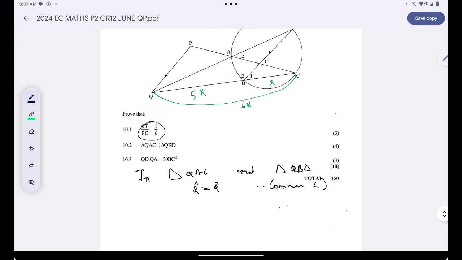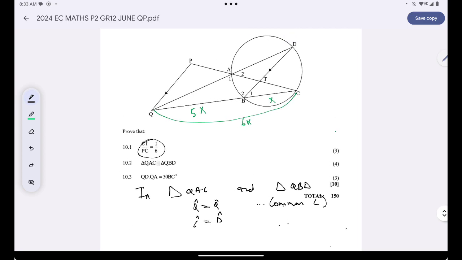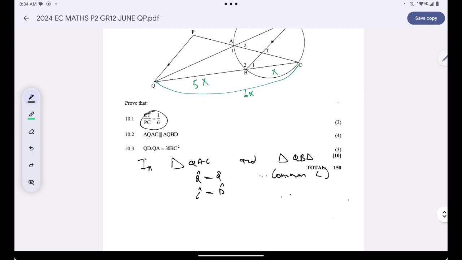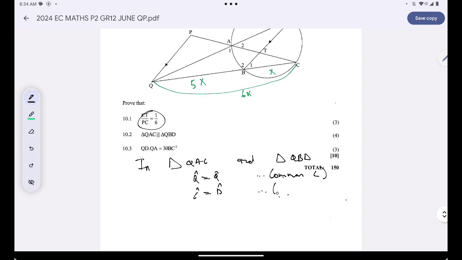Okay, and then angle C will be equal to angle D. Why? Because they are in the same segment, they come from the same arc AB, right? Those two angles are angles in the same segment, right? Okay, so simply write angles in same segment.